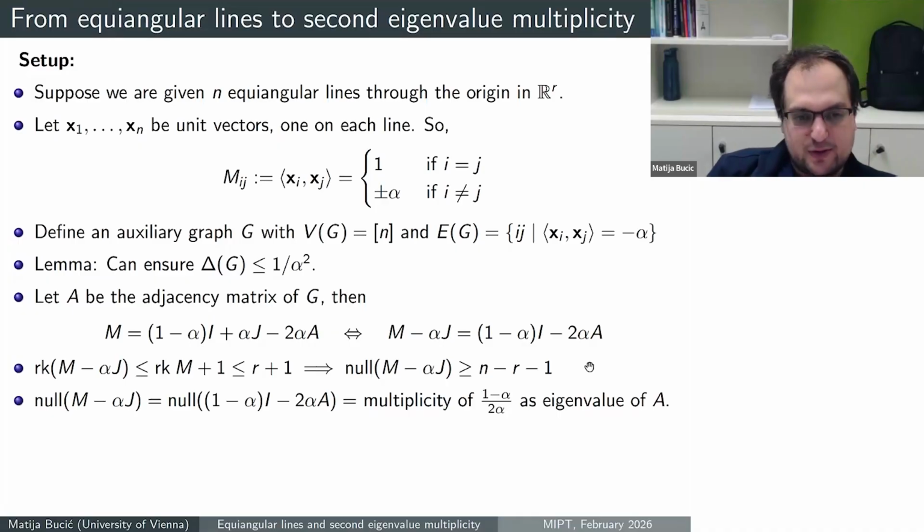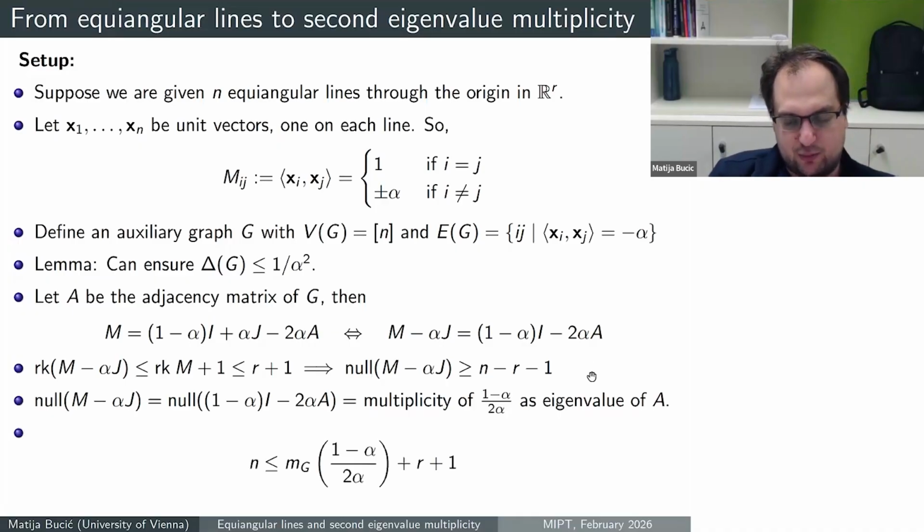Very good. So to summarize, what we just proved is that the maximum number of equiangular lines in R^r dimensions is upper bounded by the multiplicity of (1 minus alpha) over 2 alpha as an eigenvalue of the adjacency matrix of this auxiliary graph G, plus r plus 1.